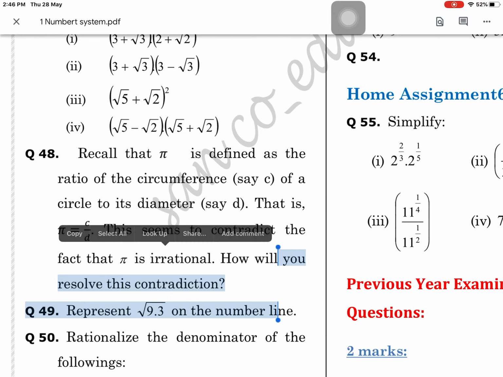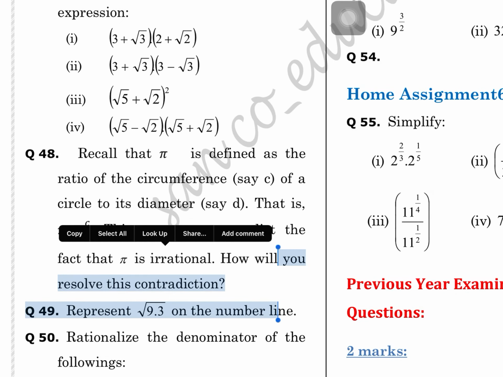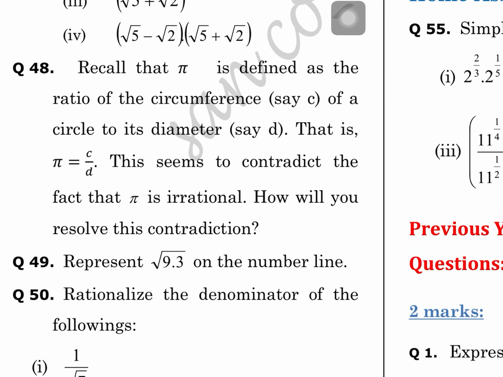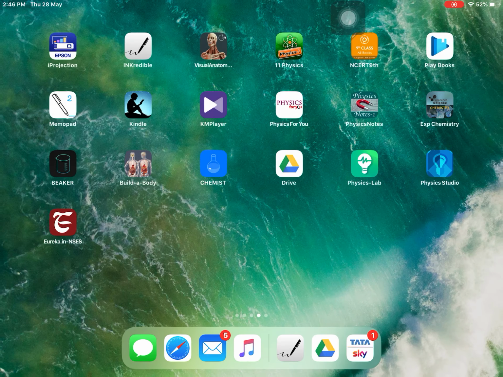Recall that pi is defined as the ratio of the circumference of a circle to the diameter. Is that clear? Recall that concept here, that is, pi is equal to circumference by diameter. This seems to contradict the fact that pi is irrational. Why is pi irrational? The decimal expansion will never terminate. How will you resolve this contradiction? You will resolve your contradiction by finding its decimal expansion.